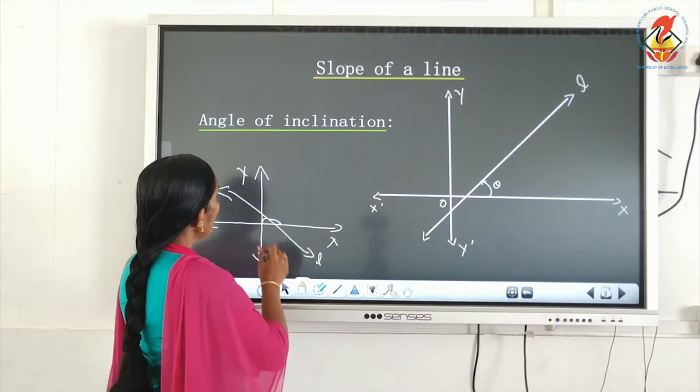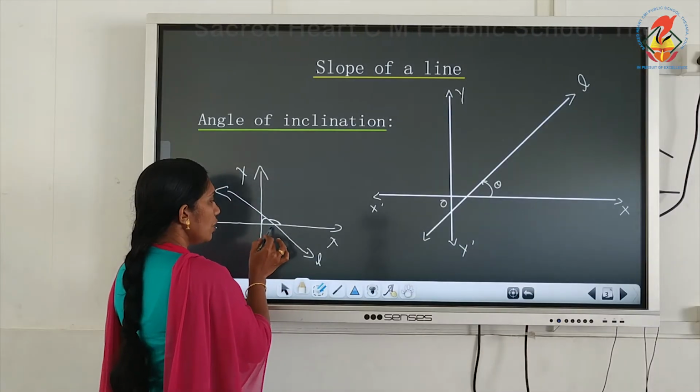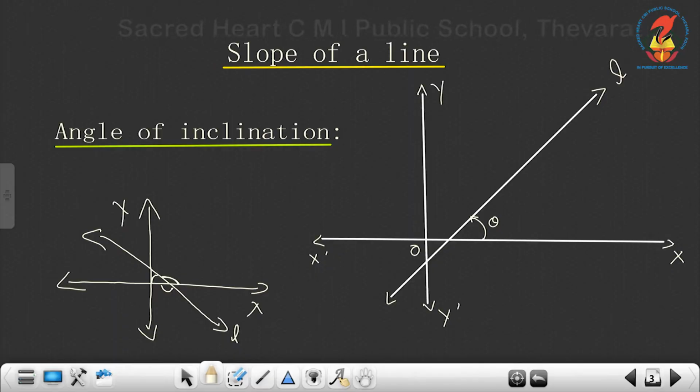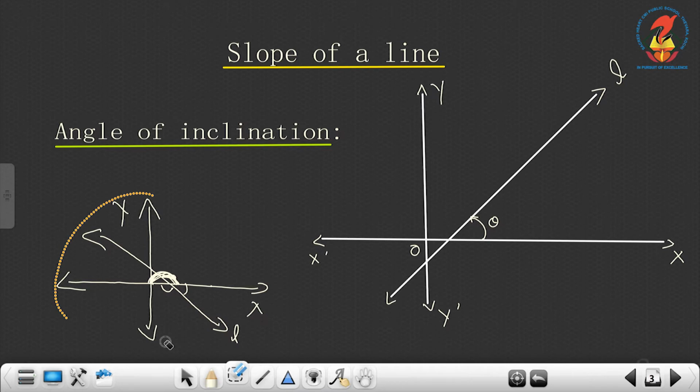Now we know that when two lines intersect there are 4 angles, and vertically opposite angles are equal. So when I draw a line like this, there are 2 angles with x-axis. These are supplementary.